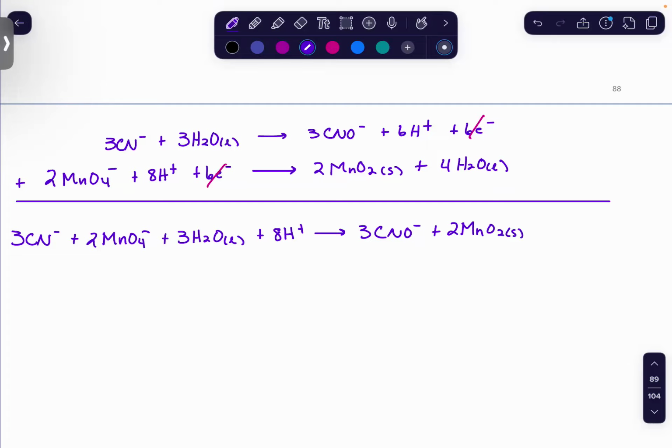Let's see, 4 waters, and then 6 protons.